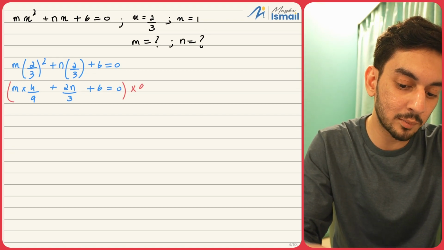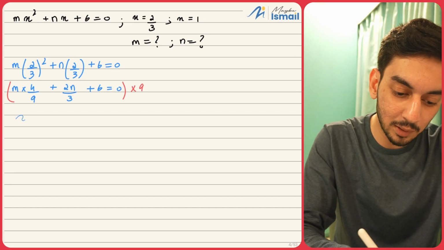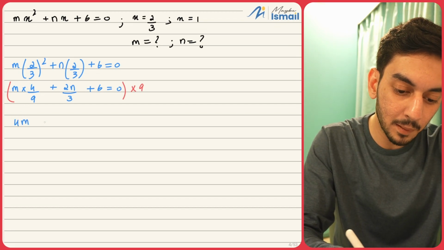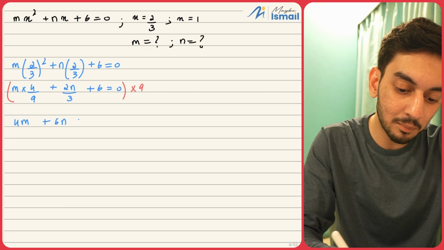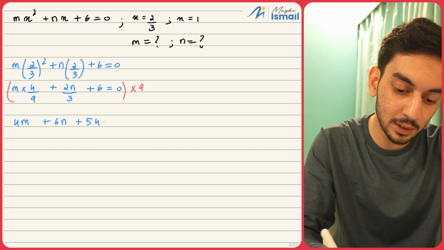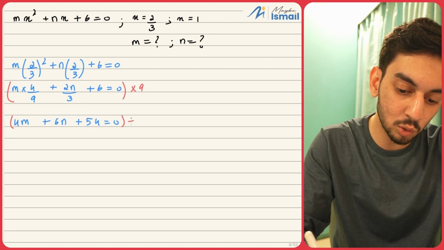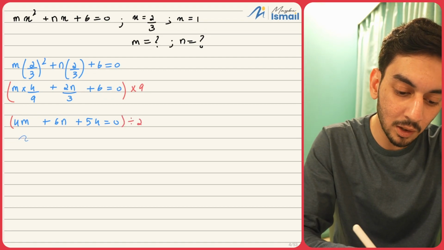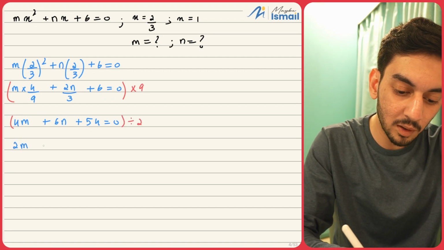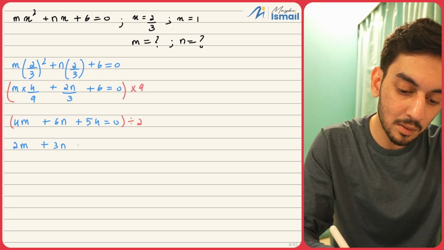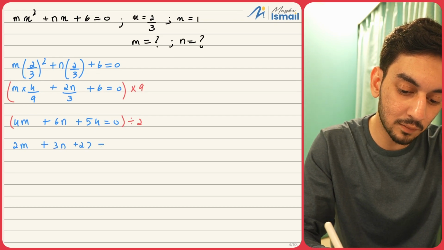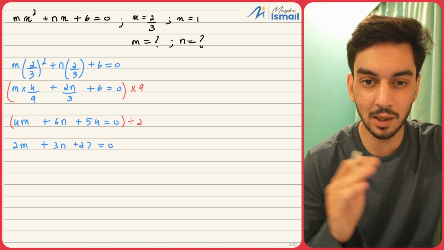So over here, I'll have to multiply it by 9. So this becomes 4m plus 6n plus 54 is equal to 0. I can surely divide the entire equation by 2 to simplify it a little bit. So this becomes 2m plus 3n plus 27 is equal to 0. That is one of the equations in m and n.